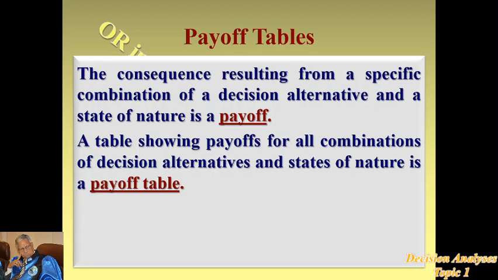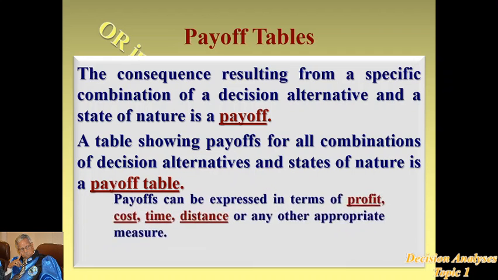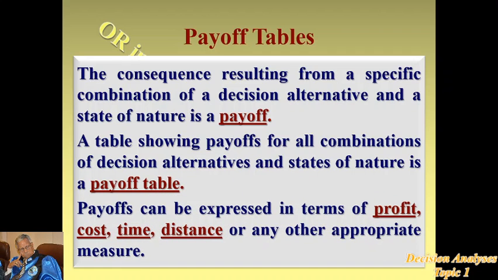This tabular form is a payoff table. Payoffs can be expressed in terms of profit, or in terms of cost, or in terms of time, or in terms of distance, or any other appropriate measure expressed in the decision problem.